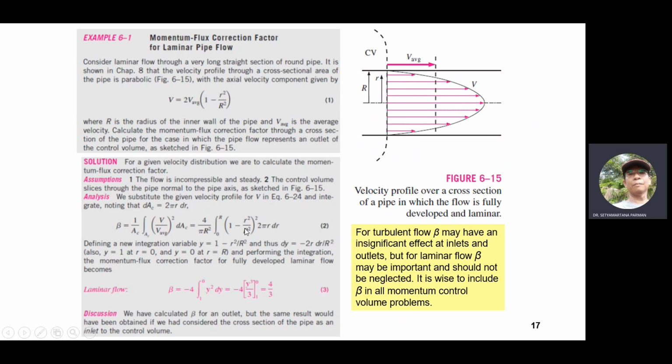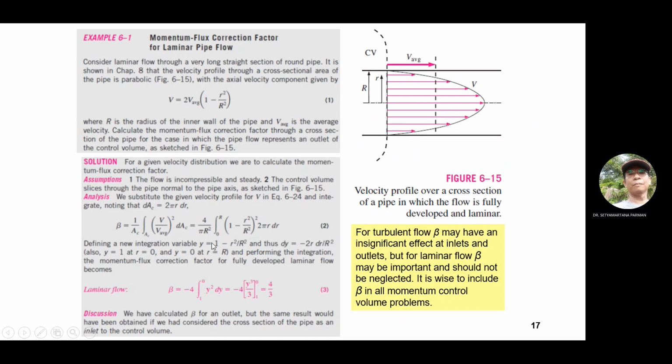From the previous page, beta equals 1 over Ac, integral over Ac of the square of V over V average, dAc. And then we apply that. We select the elemental area as a circle.